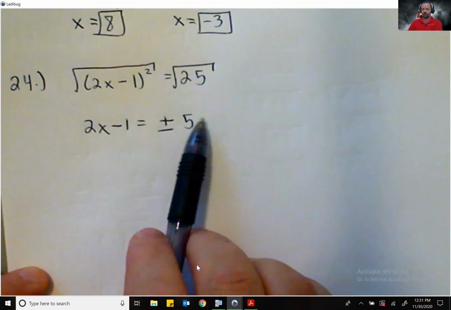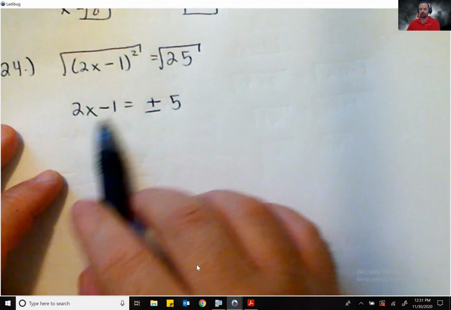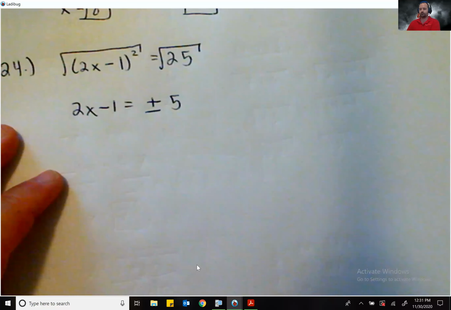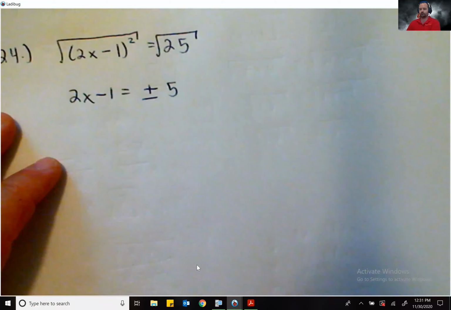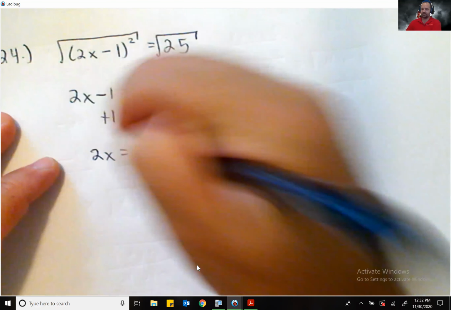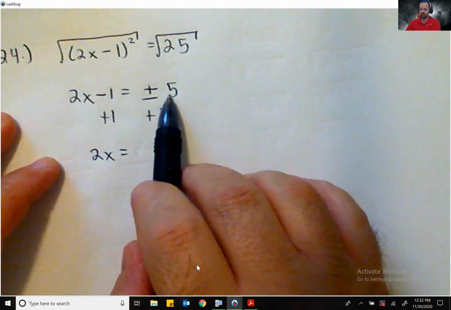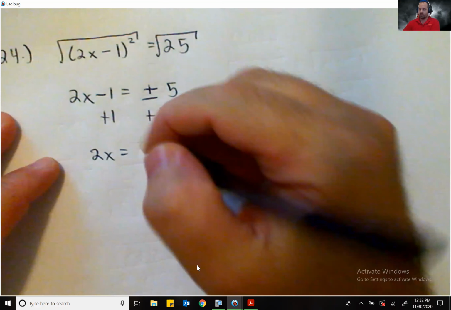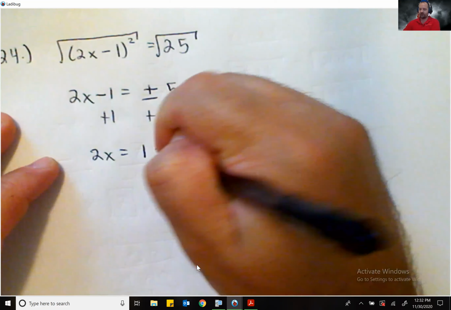All right, now let's continue to solve. We've got to get x by itself. So what are we going to do now? Add 1. Plus 1, plus 1. Now remember, you can't put these two together yet. So this is going to stay as 1 plus or minus 5.